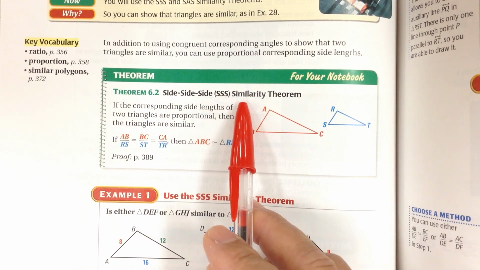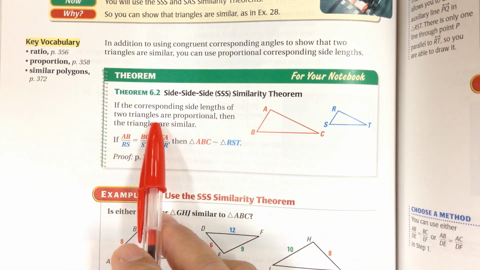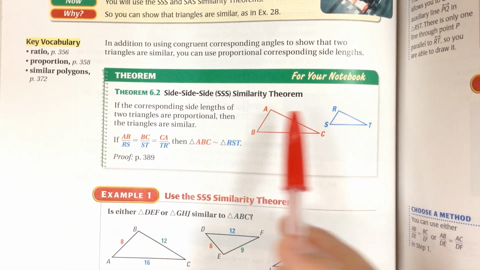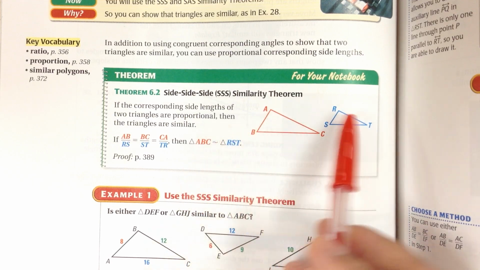SSS similarity theorem: if the corresponding side lengths of two triangles are proportional, then the triangles are similar. So you've got two triangles. If every pair of corresponding sides has the same scale factor, then they are similar.